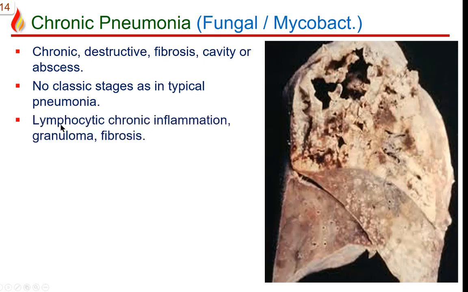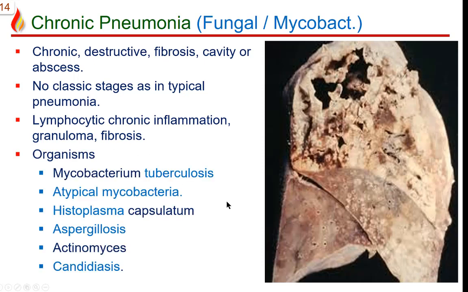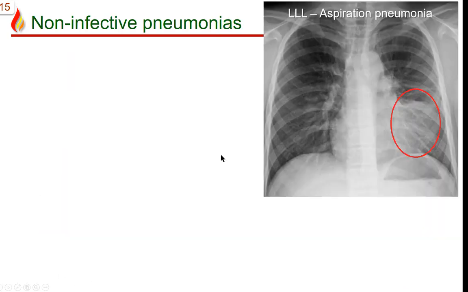Chronic lymphocytic inflammation with granulomas and fibrosis, and there are many causes. But remember tuberculosis, and your self-study of tuberculosis is important for this week. We are not covering it, but you have to read because it has been covered in earlier years. Atypical mycobacterial pneumonias: histoplasma, aspergillosis, actinomyces, and candidiasis. Just a brief, 1 or 2 lines.